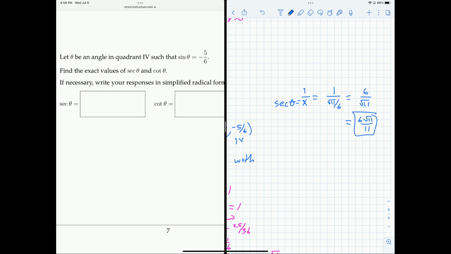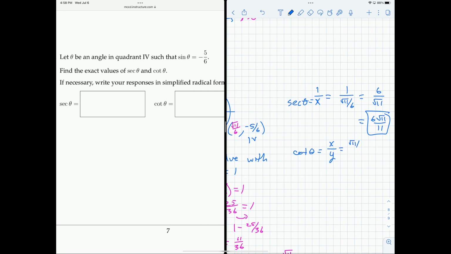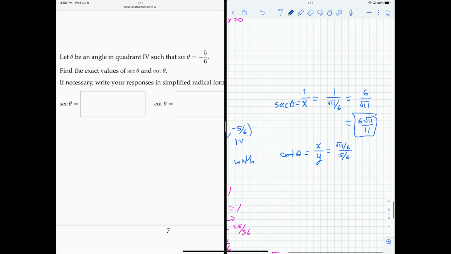The answer above that is fine as well. The other one, cotangent theta, is x over y. So the x value is root 11/6, and the y value is -5/6. The 6's cancel, so we get negative root 11 over 5. And there's your other answer.